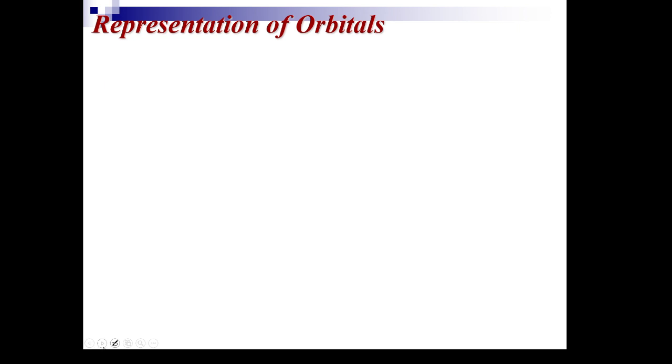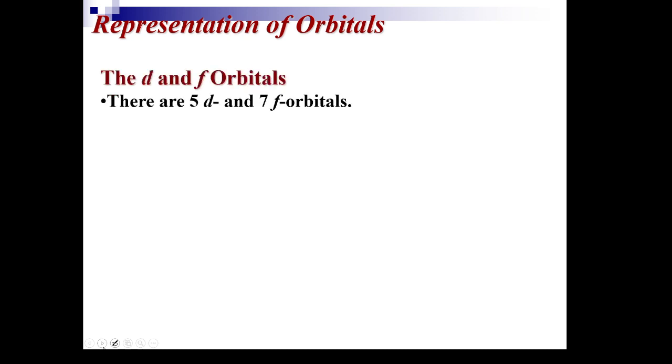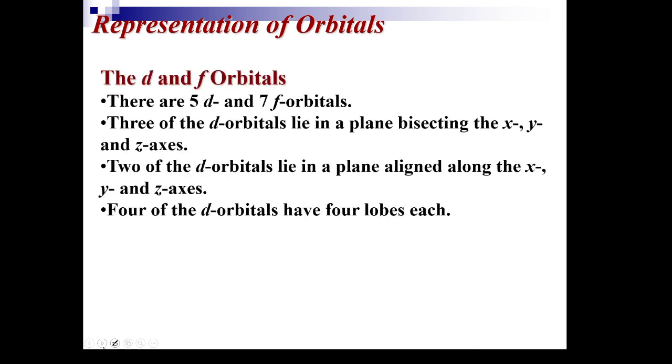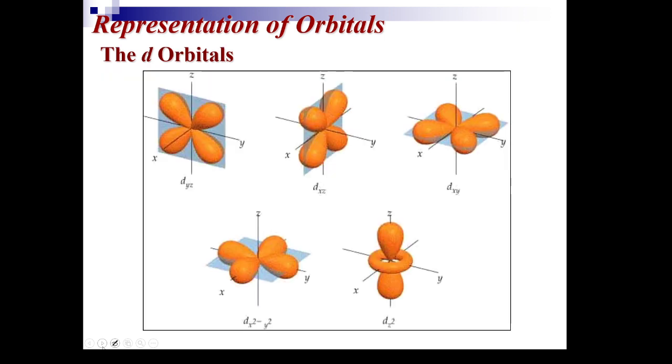holds 6 electrons. The D and the F get more and more complicated. The F is extremely complicated. For the D, there's 5 D orbitals in the D subshell. Each one of these essentially looks like 2 p orbitals on each other, except when you get down to what they call the bow tie, which has one node again.